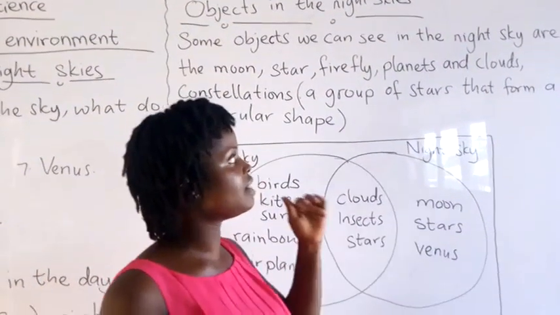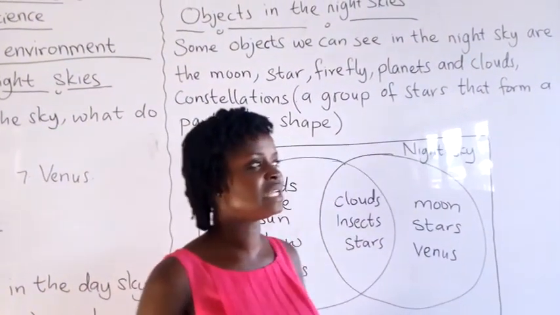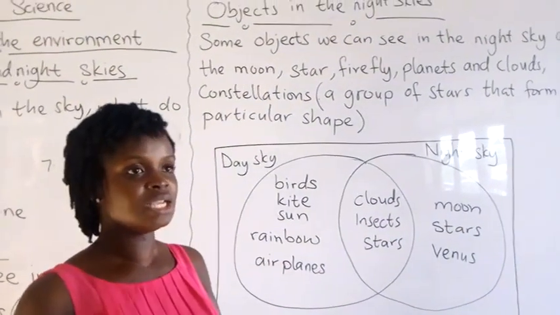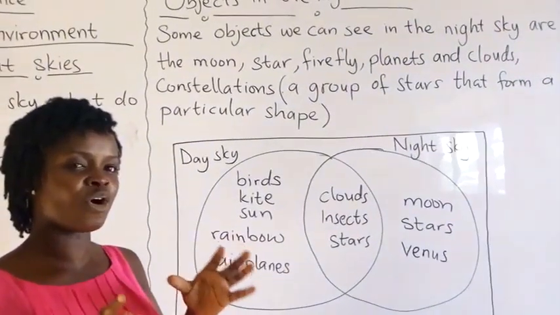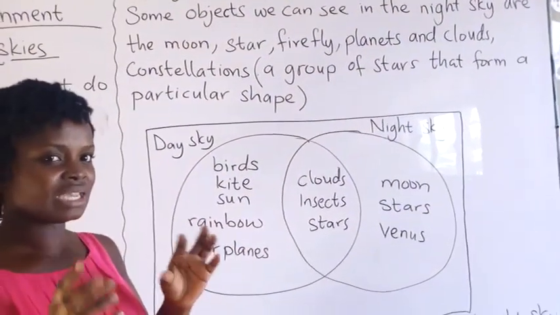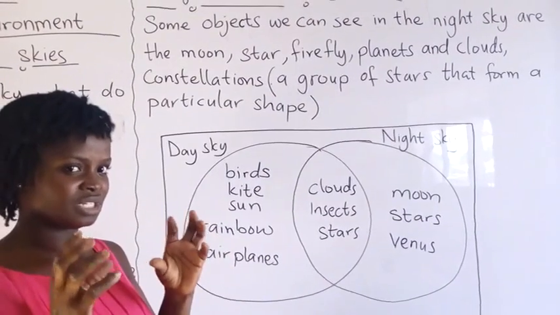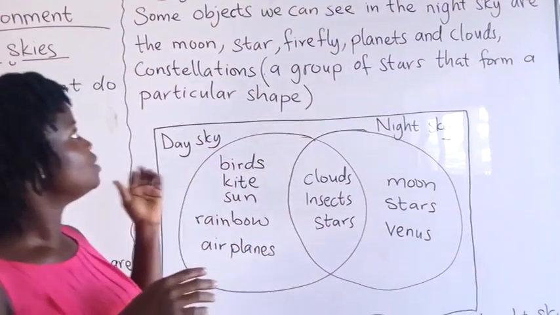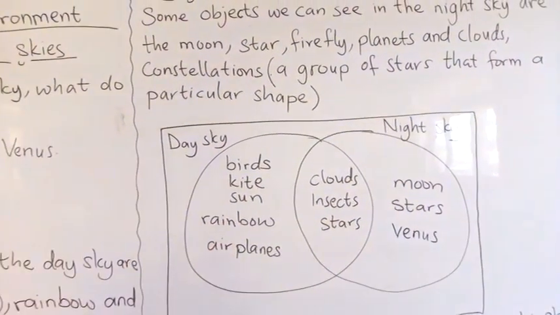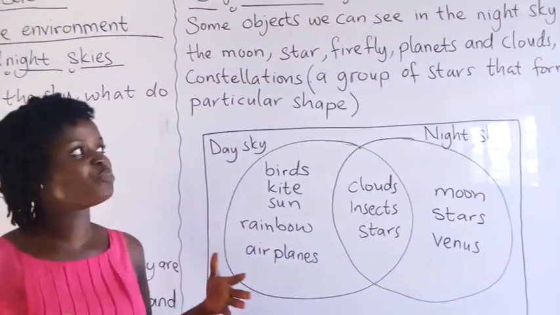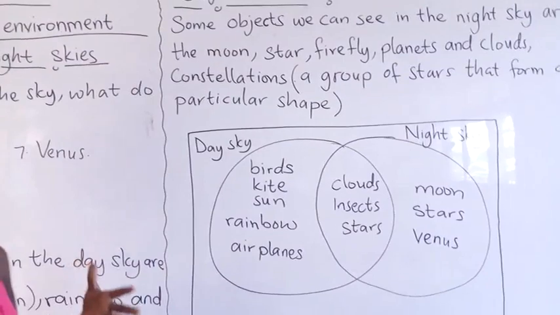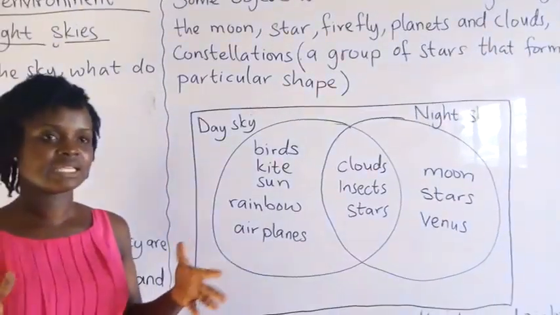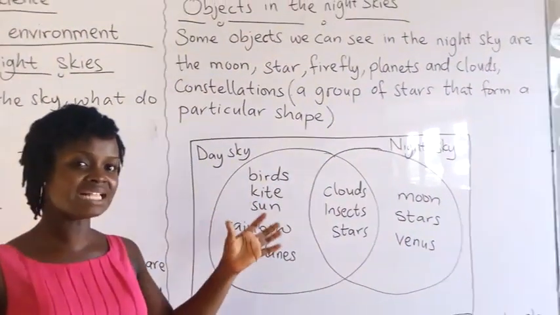And then we have clouds. Sometimes at night when it's about to rain, you look up in the sky and you see some orange, pinkish, dull brownish color. Those are the clouds that we see at night. And then we have constellations. Constellations are a group of stars that form a particular shape. When we look up in the sky at night, sometimes you see plenty of stars.